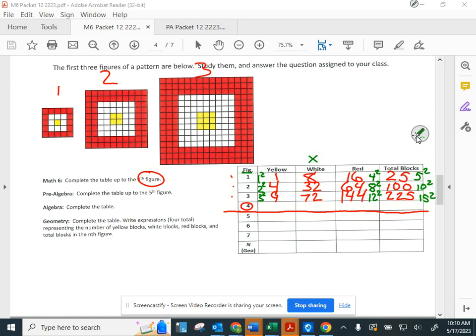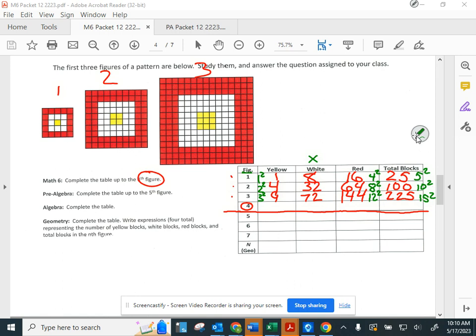It does have to do with squares. Or we could find it on our own, because you can add it up. There is a pattern to the whites. You may or may not be able to find it, but if you add up the yellow and the red and you subtract it from the total, you'll be given the white.